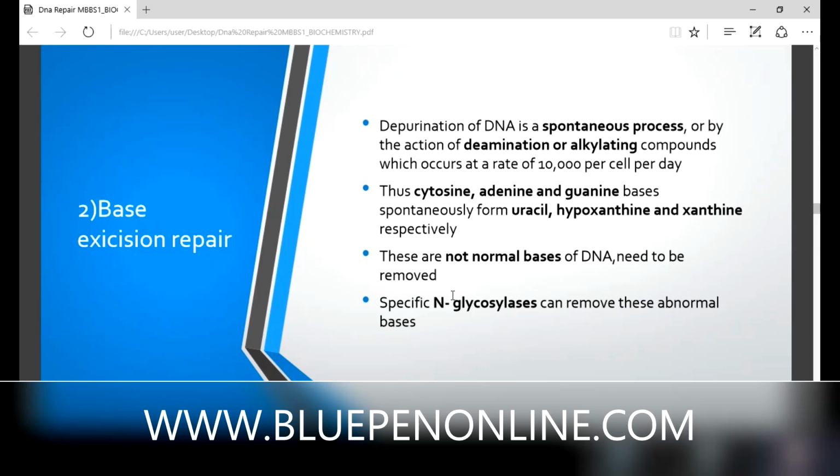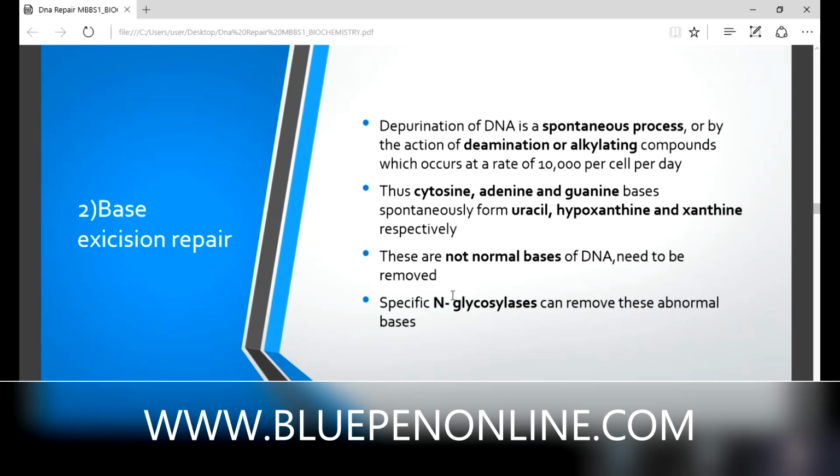What is meant by this depurination? Cytosine, adenine and guanine bases spontaneously form uracil, hypoxanthine and xanthine. Which are the normal bases? We know adenine, thymine, cytosine and guanine. In this condition a base is converted into another form like uracil.